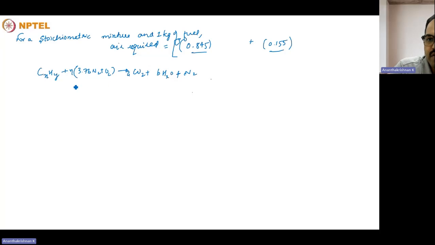So in this case, what we could see is that the X fraction is 0.845 and the Y fraction is 0.155.